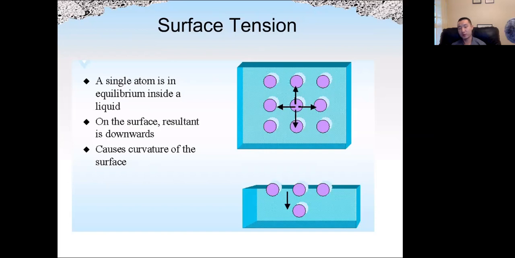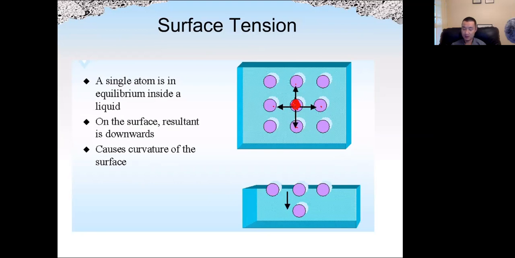Before we talk about the equation correlating the pressure and the pore size, let's talk about surface tension and how we can use mercury to check the pore size distribution of materials. So let's say we have a single atom in a liquid. In that case, this atom has equilibrium force from all directions.